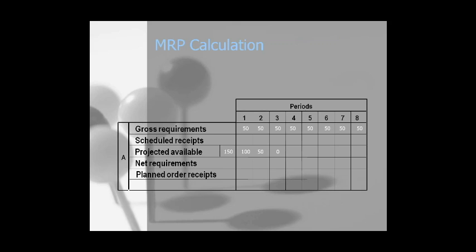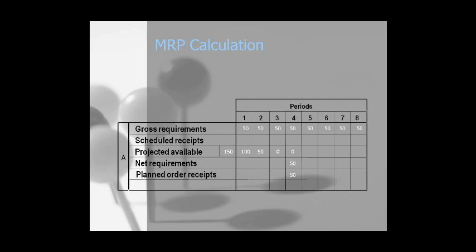And the projected available balance of 0 in the third period, with no scheduled receipts or planned order receipts in period 4, would create a net requirement in period number 4 of 50 pieces. MRP would plan a replenishment order for 50 pieces, and that would get our projected available balance at the end of period number 4 to 0 also.